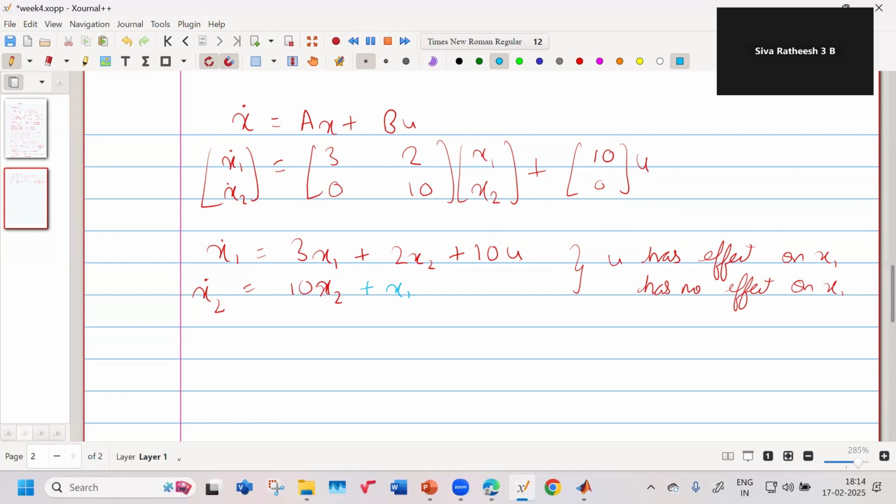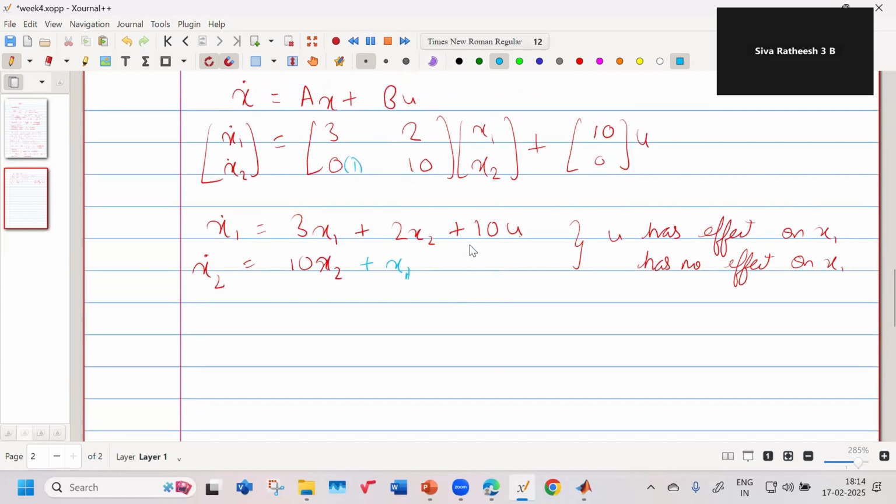So I can control x2 indirectly using u. In that case, this matrix, instead of 0, it would be 1.